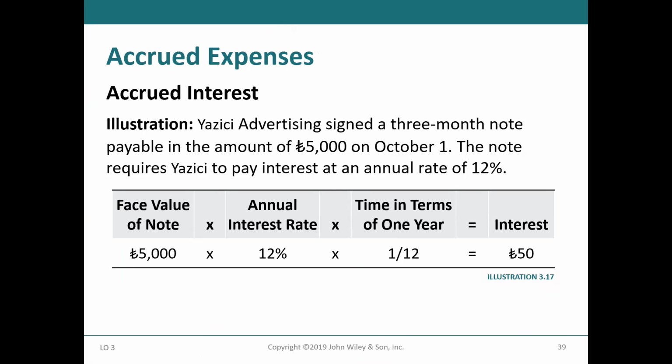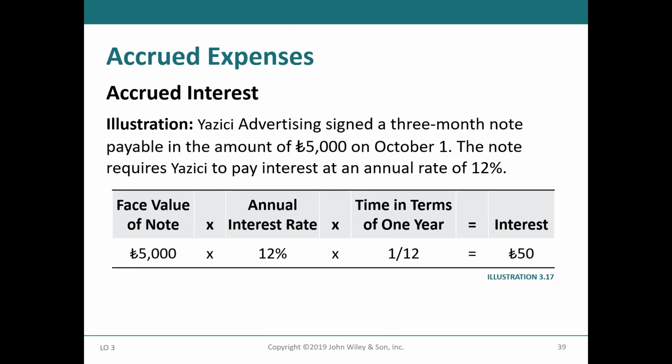Remember, we recorded the journal entry that we debit cash 5,000 because we borrowed money, and we credit notes payable for 5,000 on October 1. Now it's October 31, so 1 month already passed after Yazigi borrowed money.